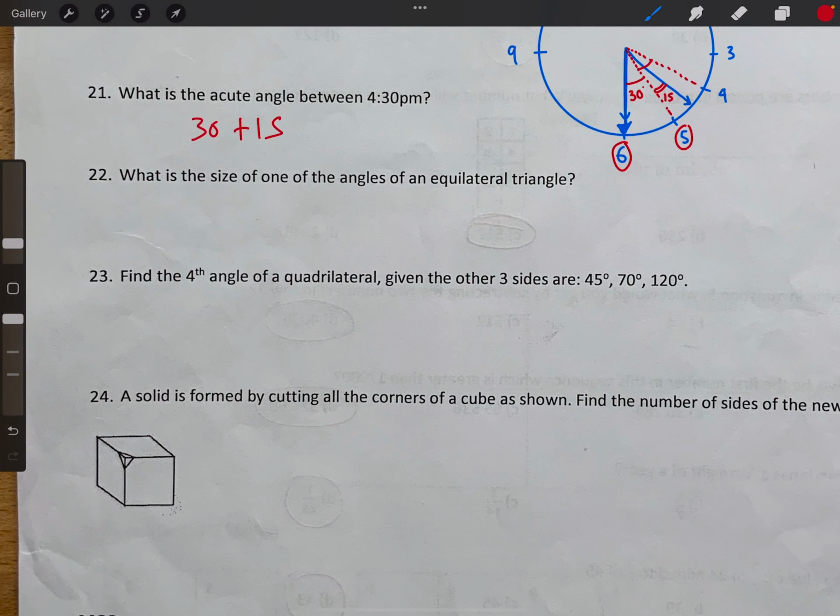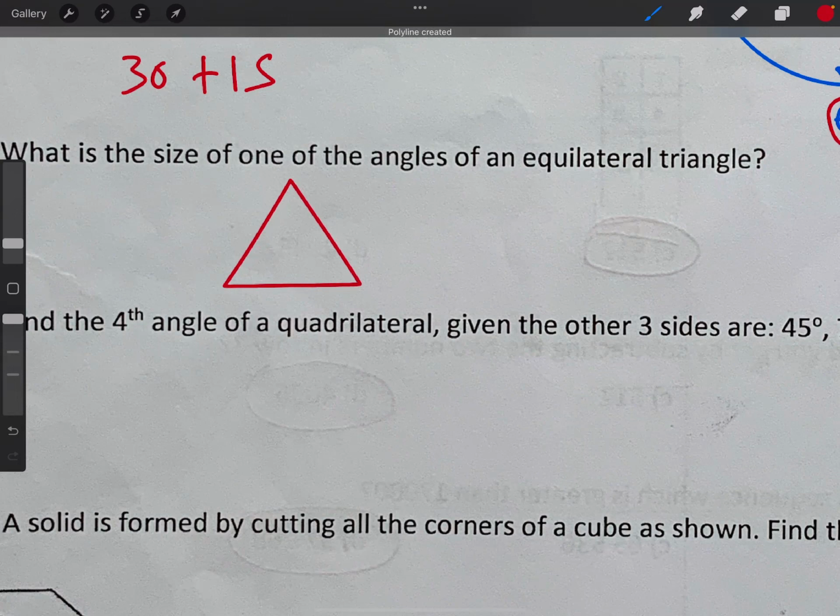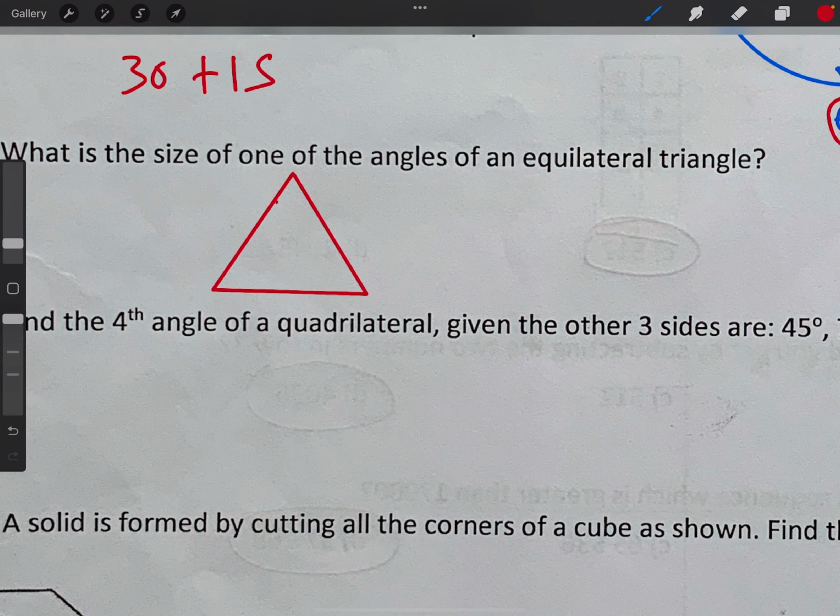Question 22. What's the size of one of the angles of an equilateral triangle? So imagine this is an equilateral triangle, all the sides are the same. Now, if all the sides are the same, we know that in the equilateral triangle, all the angles are the same. So let's say this is called x.